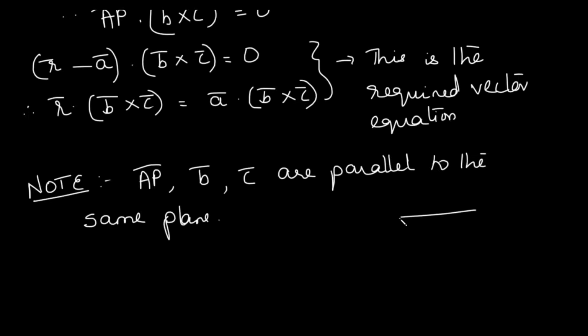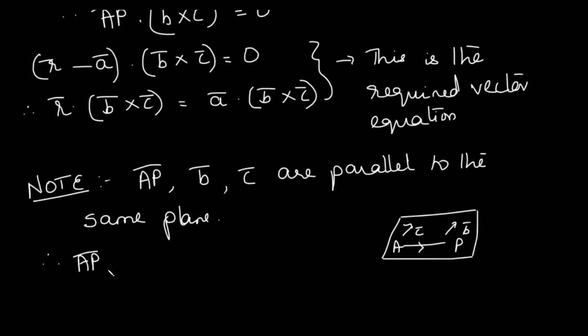We have here vector AP bar, B bar and C bar. B bar is here and C bar is here, if you remember the diagram. So all these three vectors are parallel to the same plane. Therefore, they lie in the same plane. Therefore, we can say that they are coplanar.